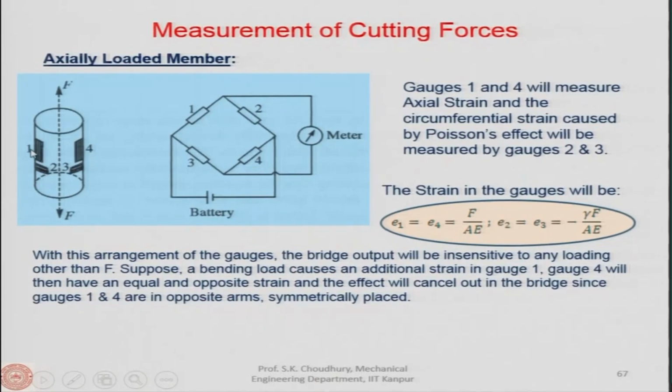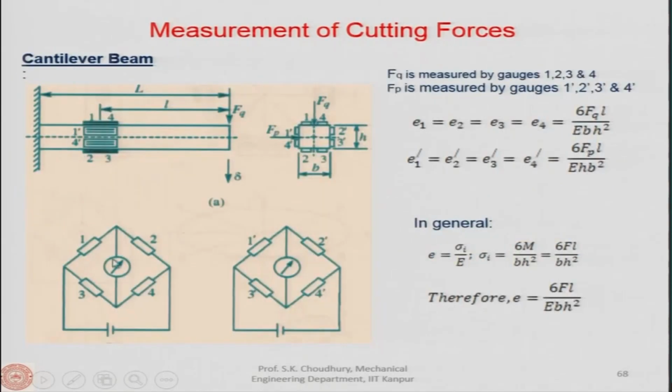The cross sensitivity is that 1 and 4 should not have any influence of any other force, bending force, or 2 and 3 should not have an influence on 1 and 4. Here, when you are measuring FQ, only 1, 4, 2 and 3 will sense the FQ. 1 prime, 2 prime, 3 prime and 4 prime will not sense anything, and vice versa. That is, when you are measuring the FP, 1, 2, 3 and 4 will not show anything.